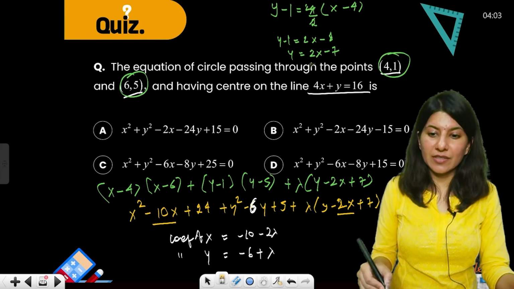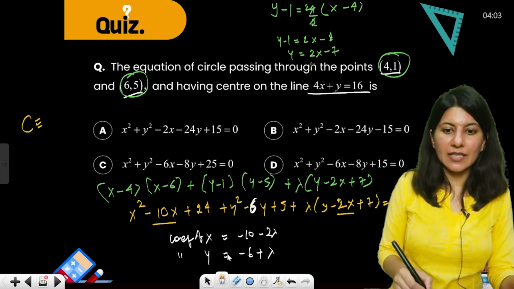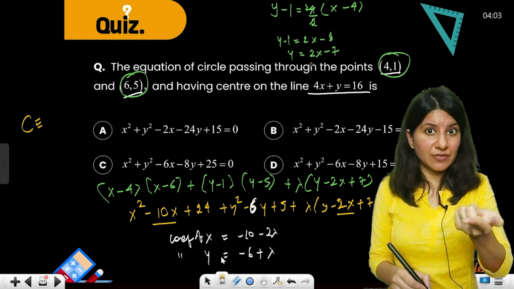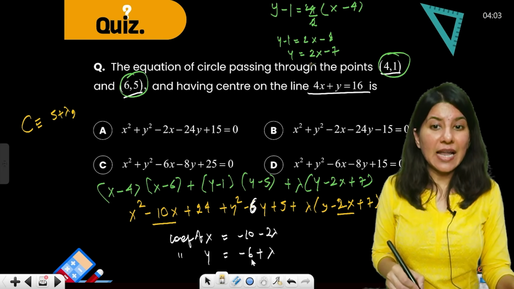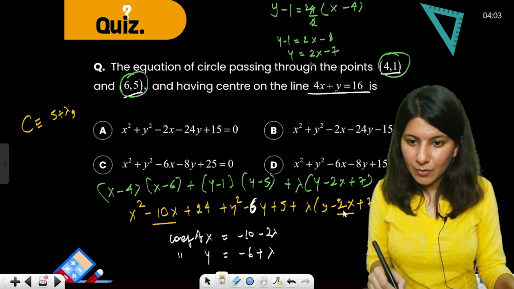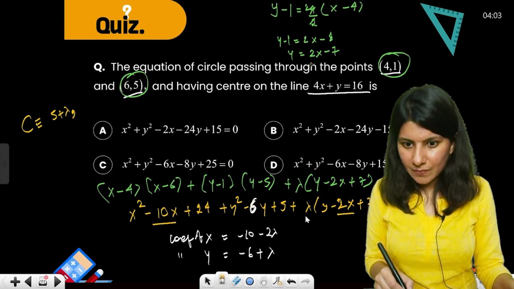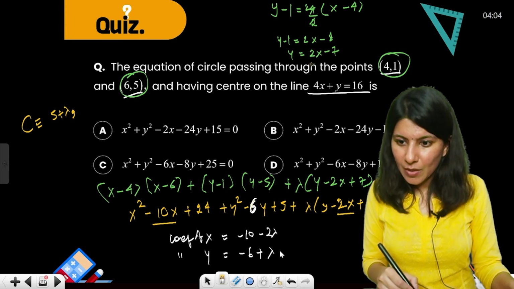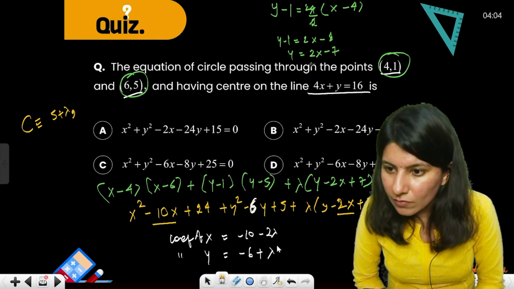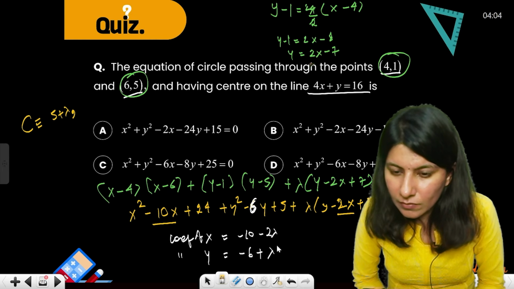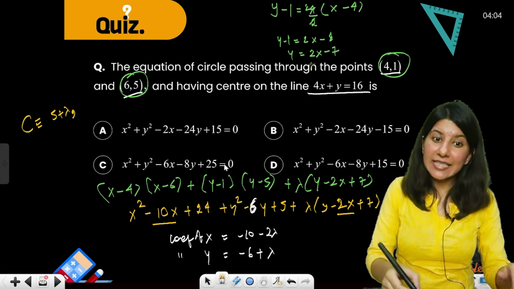Now, the center of the circle. You know how to calculate it: negative of half of the coefficient of x, so 5 plus lambda, comma, negative half of lambda minus 6, so 6 minus lambda by 2.